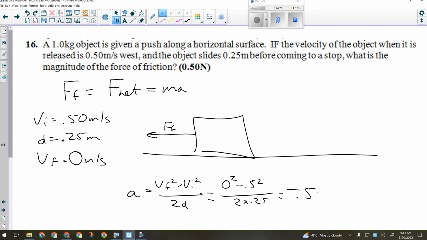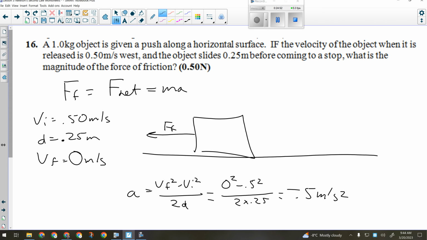Okay. The negative is important because what's the object doing? It's slowing down. My acceleration should be negative because the only way I get a negative acceleration is if something is pulling back on the box. And that pulling back force is friction. Friction always holds you back. It's the thing that slows you down.